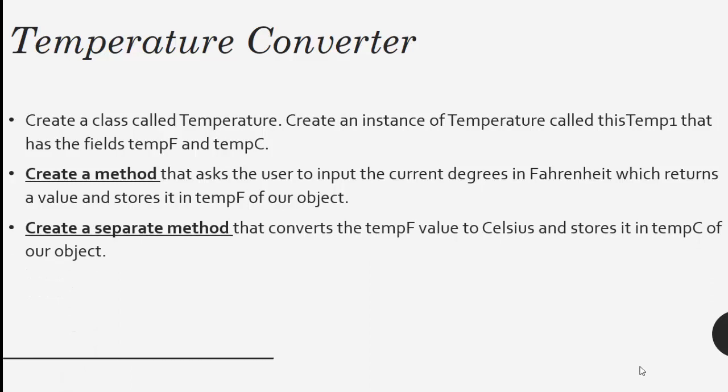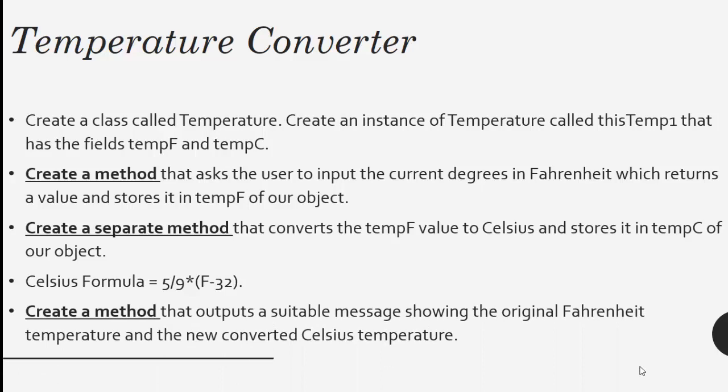Create a separate method that converts the tempf value to Celsius and stores it in tempc of our object. And we have our Celsius formula, which is 5 divided by 9 multiplied by the result of f minus 32. Then we need to create a method that outputs a suitable message showing the original Fahrenheit temperature and the new converted Celsius temperature.